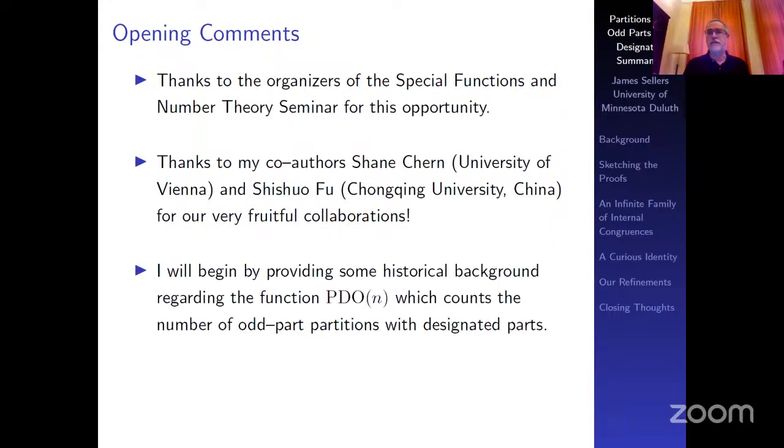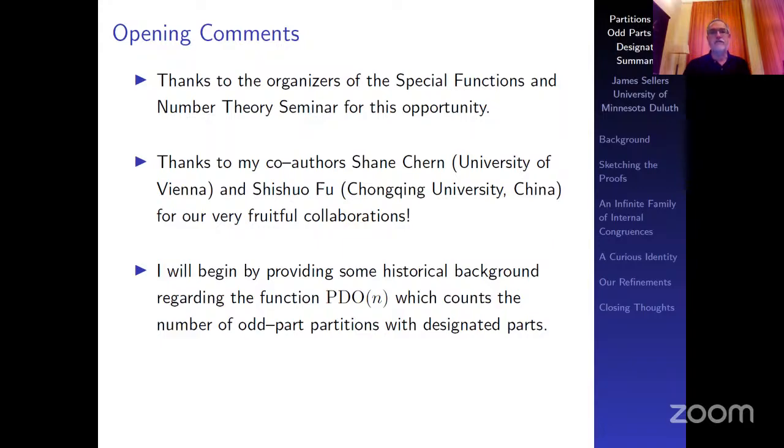In this talk today, I'm going to spend some time providing historical background regarding this function, which I'll call PDO of n. That is notation that was originally set in 2002 by George Andrews, Richard Lewis, and Jeremy Lovejoy in a paper that I'll talk about in just a moment.